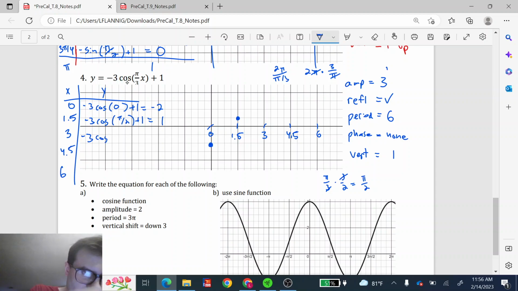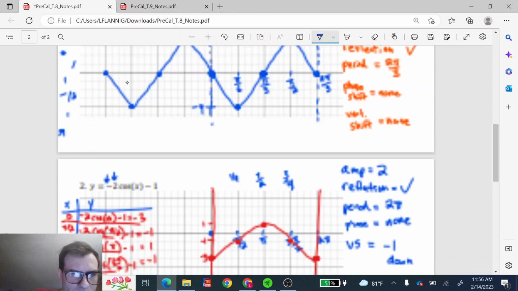-3 cosine 3 times pi over 3 is just pi, plus 1. Cosine pi is -1, so -1 times -3 is 3. 3 plus 1 is 4. So we have 4 up here. This one is -3 cosine 4.5 times pi over 3. Ends up being the same thing, pi over 2, and then plus 1.